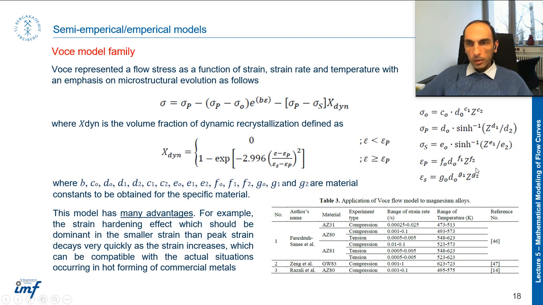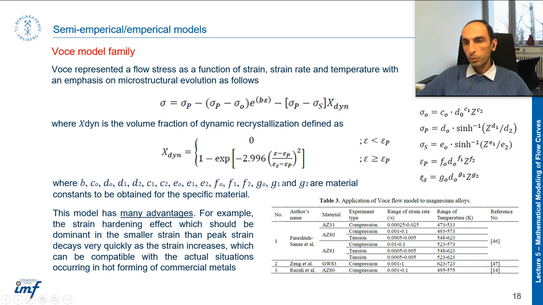Okay, and other parameters again here are given as a function of the Zener-Hollomon parameter, which means it's a function of temperature and strain rate. So you can see that the model becomes complicated.